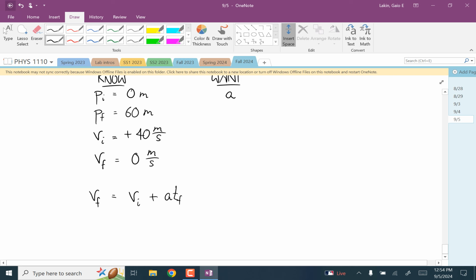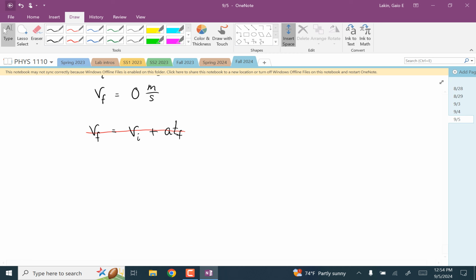Just kidding. So let's try this one. It definitely has to have the variable that we're looking for. It does have A, so that's a good start. Next, does it have V final? Yes. V initial is known. T final, that's the problem with this one, right? We don't know T final, and so we can't use this.